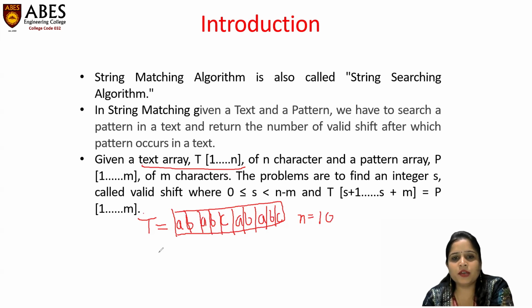We are also given a pattern P, that is A, B, C, and P represents 1 to m characters. Here the value of m is 3, the size of the pattern.